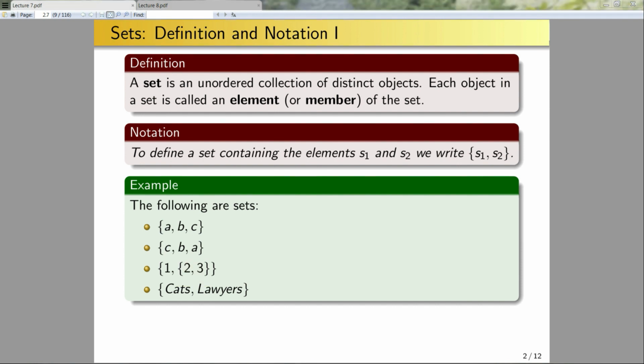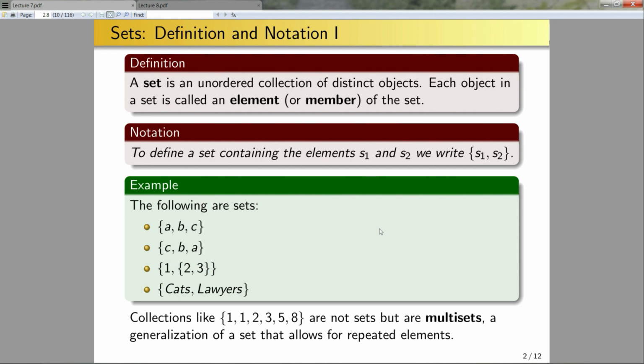So finally, you might ask, why do the members of the set have to be distinct objects? Why can't I include the same object more than once? Well, you can, and that's referred to as a multi-set. Multi-sets will come in handy later on in the course when we talk about, say, the number of ways that you can write a word using some collection of letters. In English, we commonly use the same letter more than once in a word, so you need a multi-set to handle those types of situations.